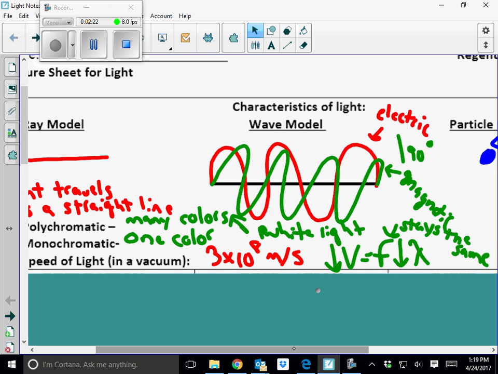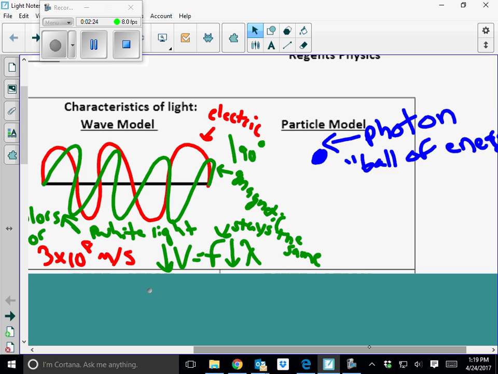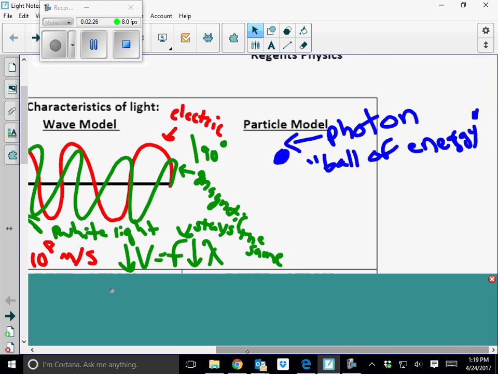And then we have the particle model of light, which we won't speak of too much here, because we really deal with it when we deal with modern physics next unit, but it's called the photon. The photon's a ball of energy. And just like the electron, remember the electron can only exist at specific values, the photon can only exist at specific values.